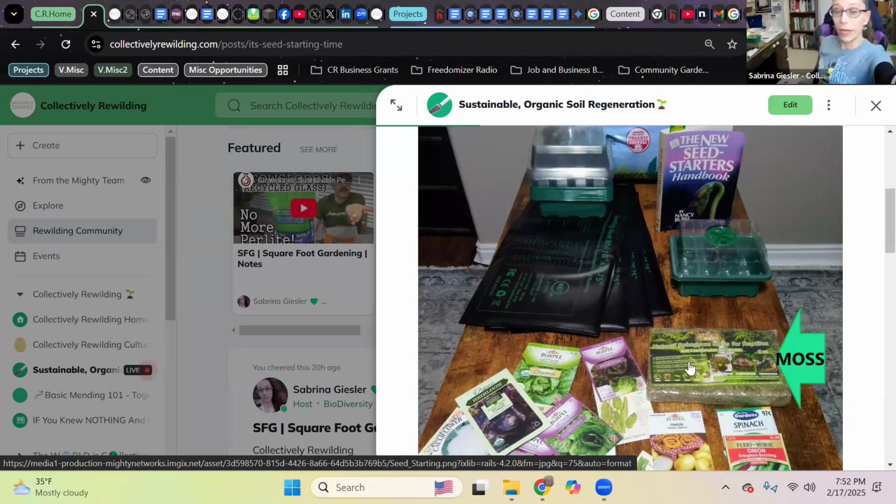And as you can see over here, the little rectangular boxes there with the white bottoms and the clear lid, I'm going to be growing sphagnum moss here at Collectively Rewilding going forward. Sphagnum moss is perhaps a specific cultivar of moss. It might be a generalized term.